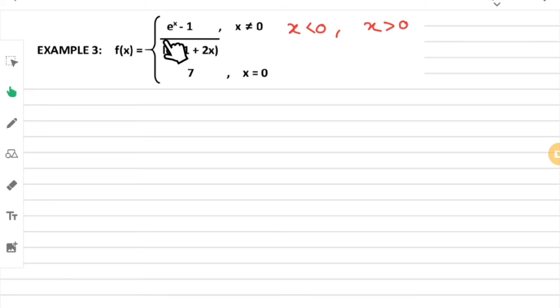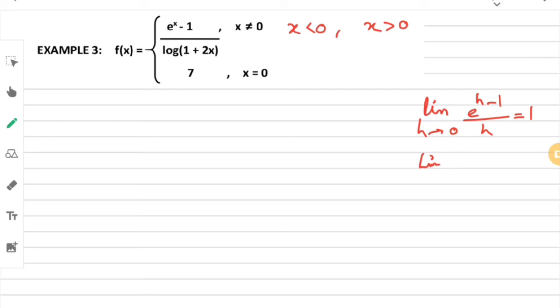And now here I am having e power x minus 1. So we know the formula for this: limit h tends to 0, (e power h minus 1) by h is equal to 1.